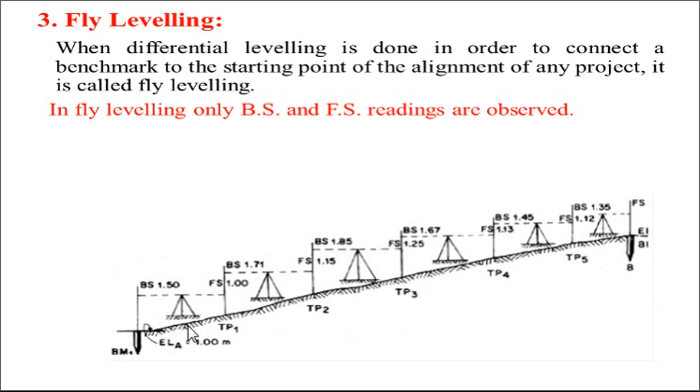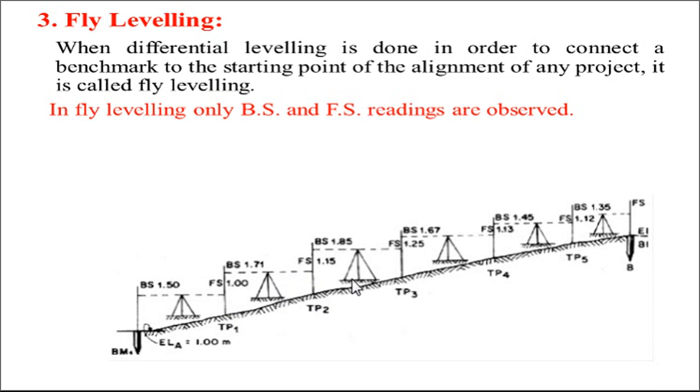Here a dumpy level is set like this and the first reading is taken on the benchmark, called the backsight reading. Then a reading is taken on TP1, and this is called the foresight reading. After this, the instrument is shifted to another station and again a backsight is taken to change point number 1, and again a reading is taken as foresight on TP2, change point number 2.